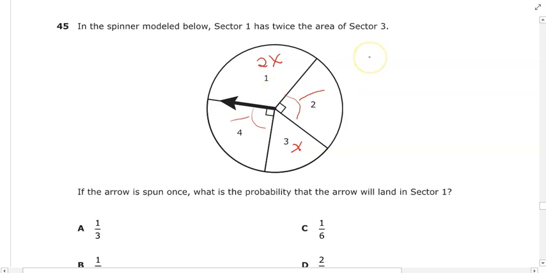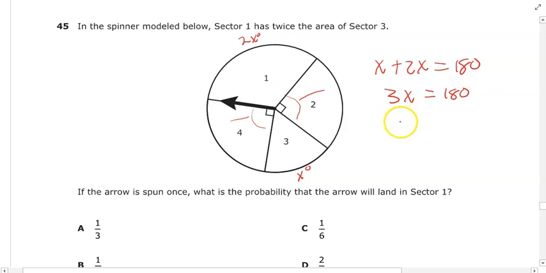So I know that degree-wise, let's look at this in terms of degrees instead. So let's call this x degrees and call this 2x degrees. I know that x plus 2x has to equal 180, 3x equals 180, and x equals 60. So this would be 60 out of the 360 degrees, and this would be 120 out of the 360 degrees.